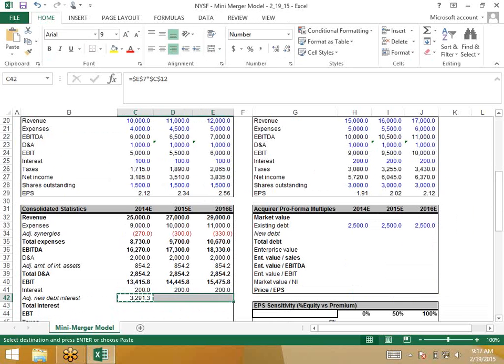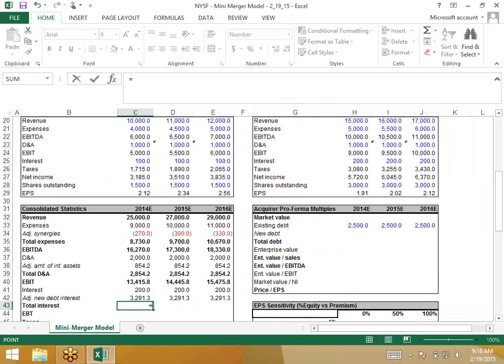So for total interest expense, it's the acquirer-only interest, target's gone, and then the new interest based on the new debt raised. And we'll add that together, and we can calculate EBT, earnings before tax, by taking EBIT and minusing the interest.